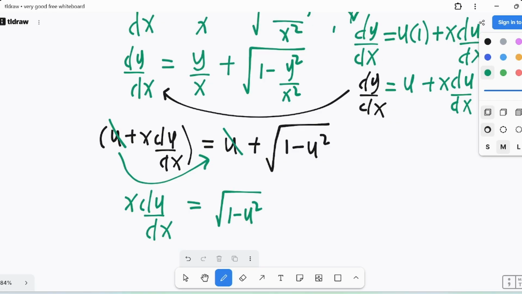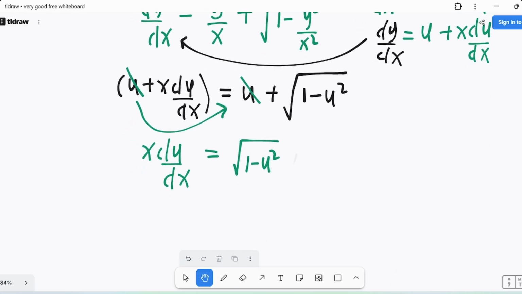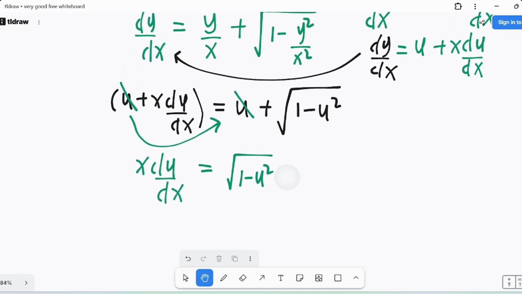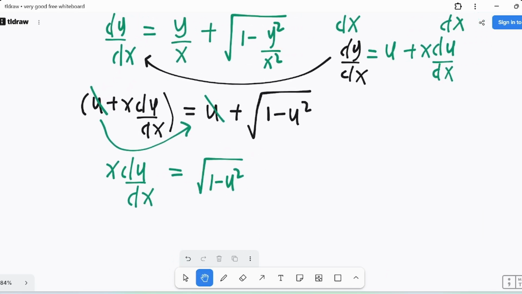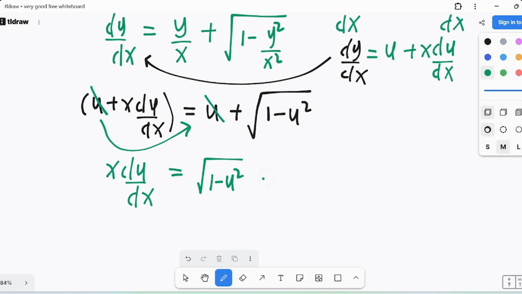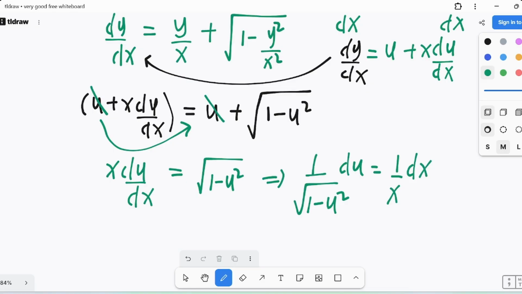So now we go ahead and integrate, separating variables first. When we separate variables, we shall have 1 out of the square root of 1 minus u square du is equal to 1 out of x dx. So we integrate on both sides.